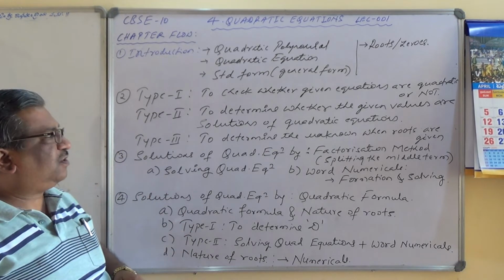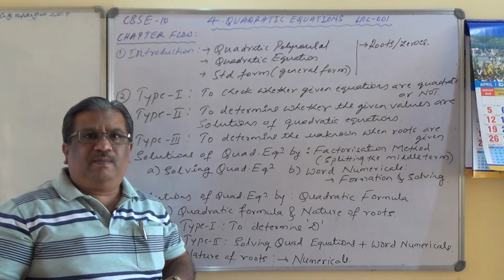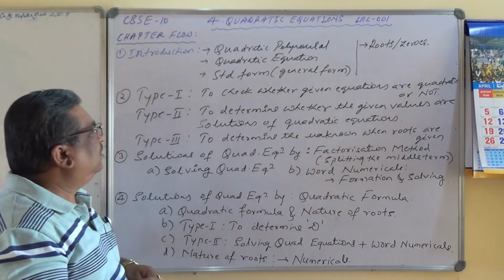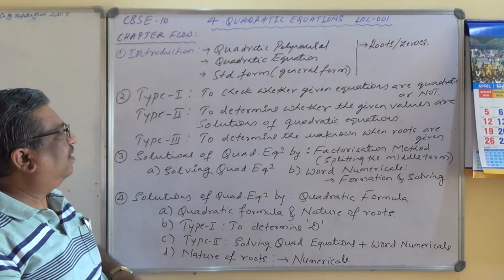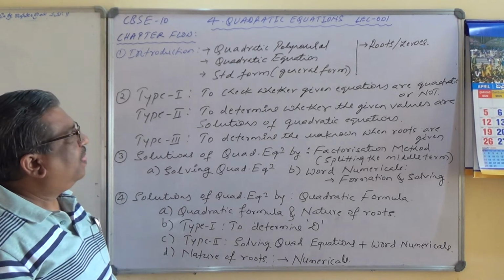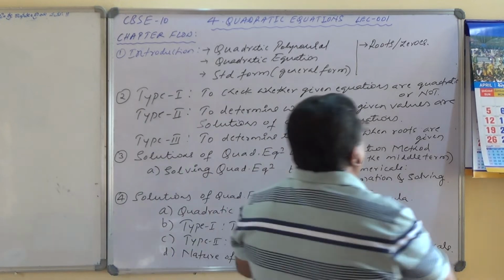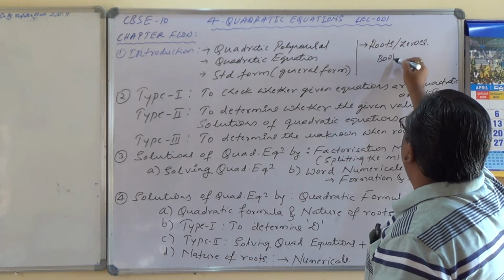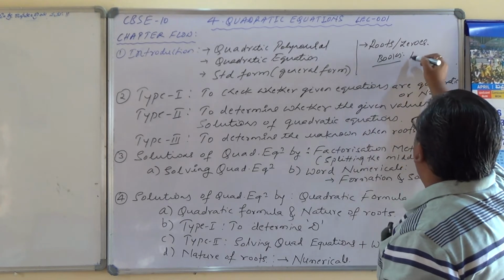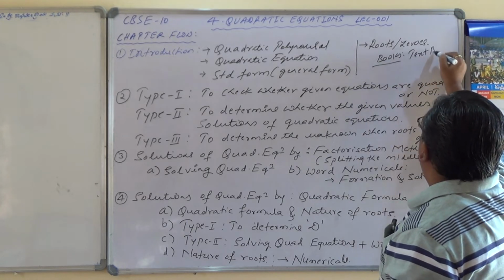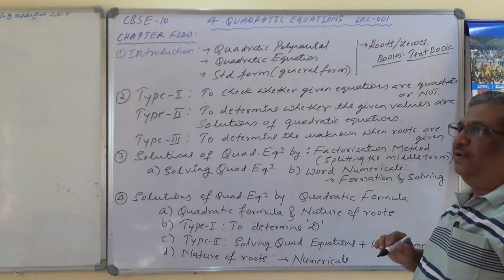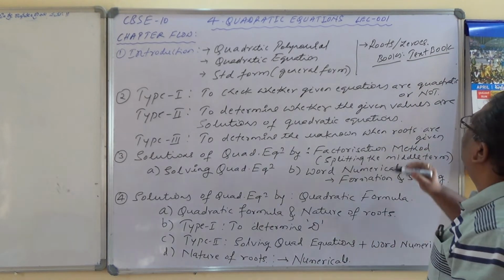And most of the questions will be solved from R.D. Sharma, and it is better if you have the R.D. Sharma textbook, the R.D. Sharma book basically. So I write the books here at this corner. The textbook plays a very important role for word numericals.